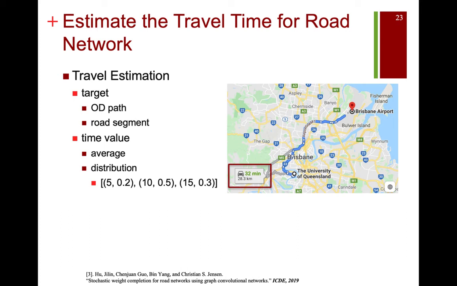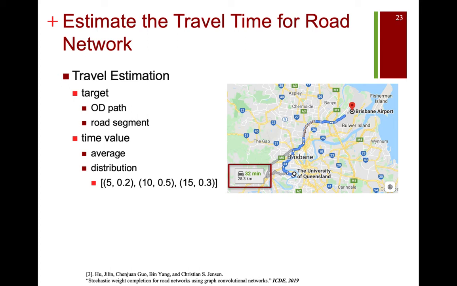A slightly improved way is to make use of the historical trajectory data and use an aggregated average travel time between origin and destination. In recent years, some studies try to apply deep learning models to learn the travel time from the data itself, and there are different focuses.